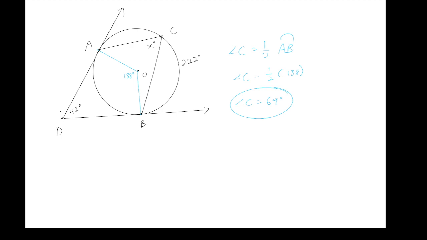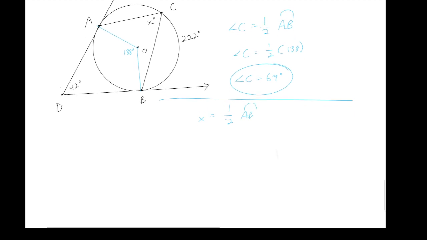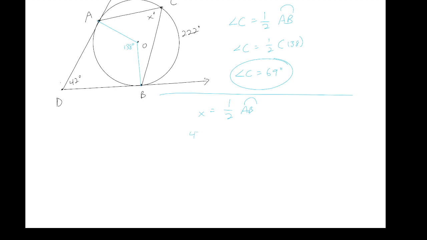And there we go. Well, if I'm solving for x, remember I could do it like this. That x is equal to 1/2 of AB, and this is another thought process. I have 42 is equal to 1/2 of the difference of that outer arc, the measure of arc ACB, and the measure of arc AB.